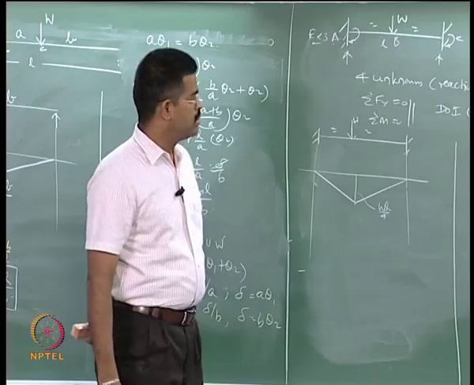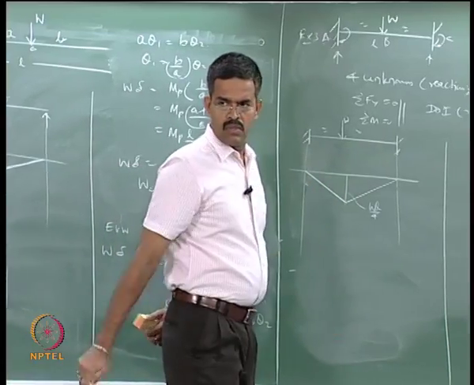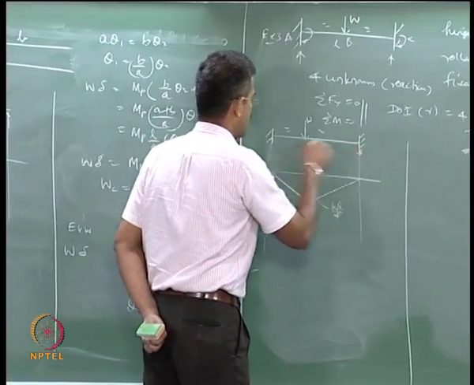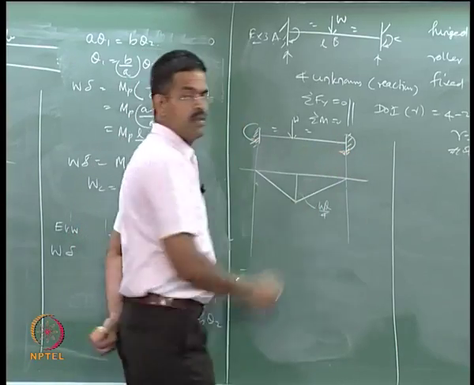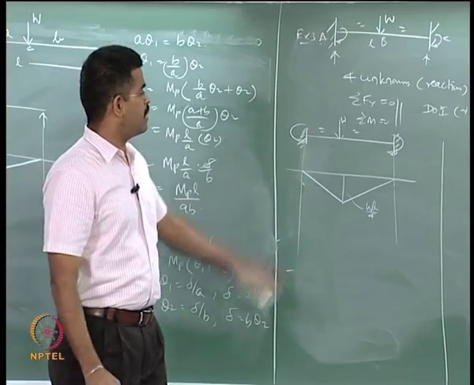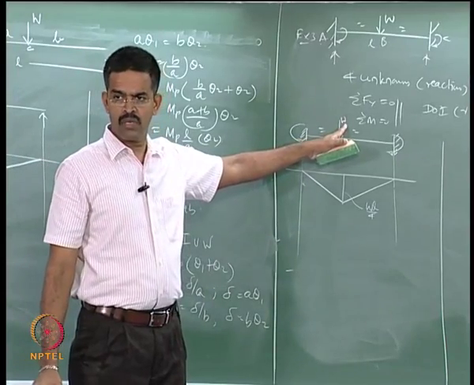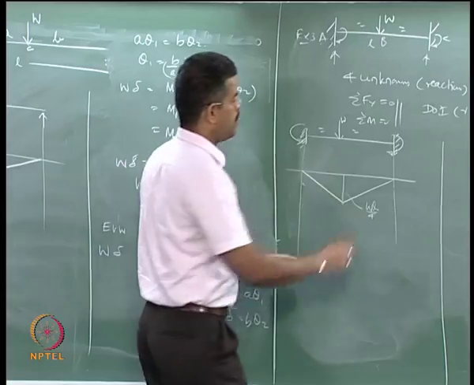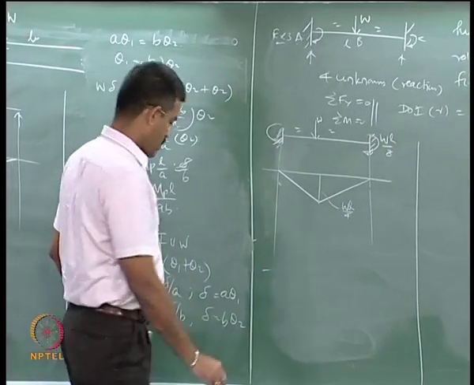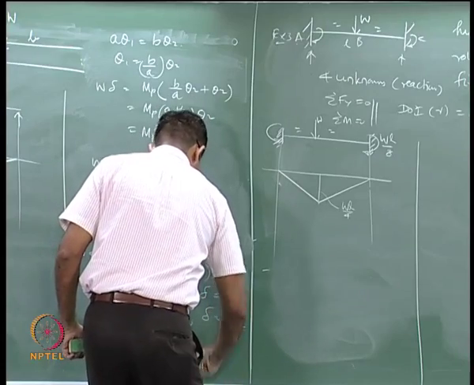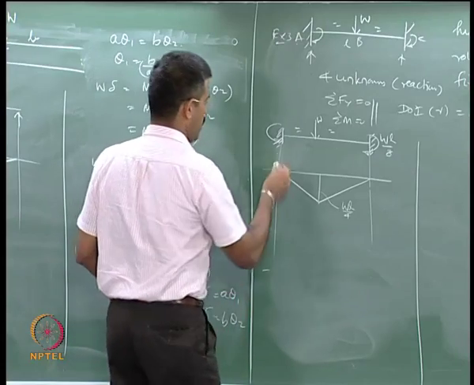Now, I have the support moments also. From your understanding, can you tell me what support moments a fixed beam will develop because of a central concentrated load? It is going to be WL by 8. So, I plot this here.